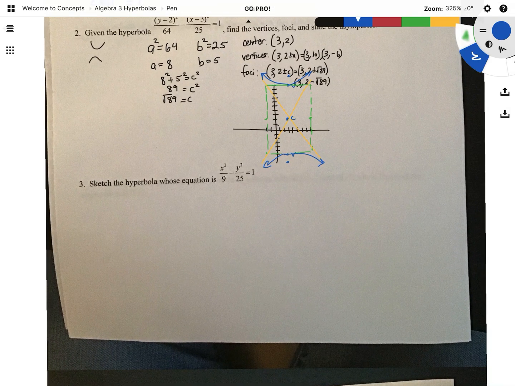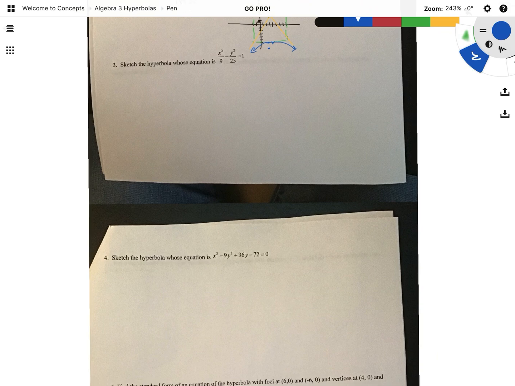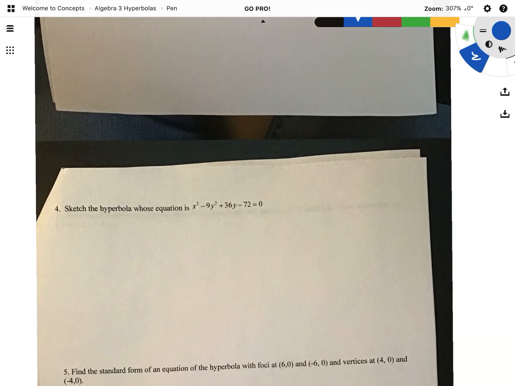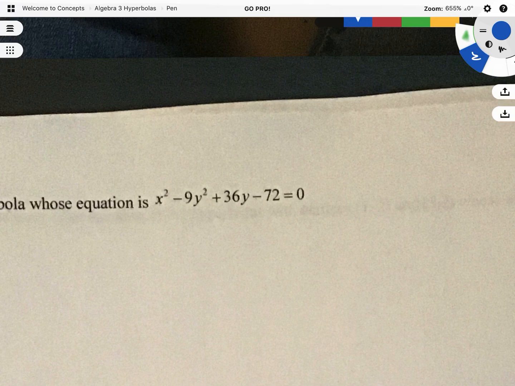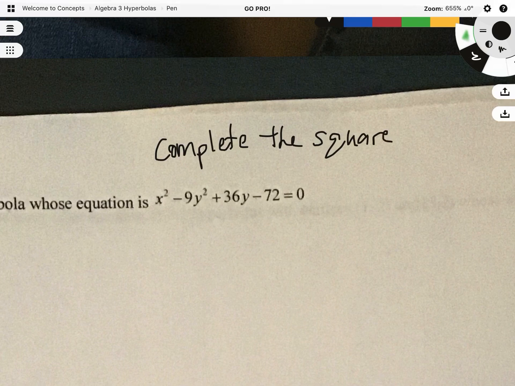Okay, so I think we're going to wrap it up here. What your homework then is to make a sketch including everything in number 3. And then I also want you to try number 4. Notice number 4 is in general form. So what do you have to do here? You need to, you got it, complete the square.